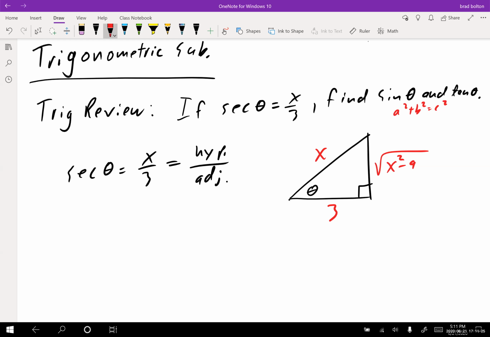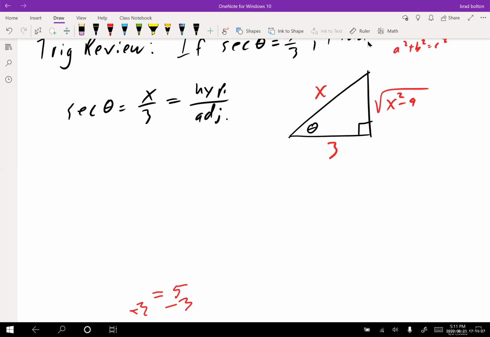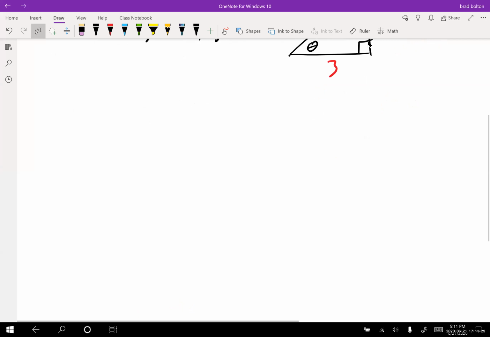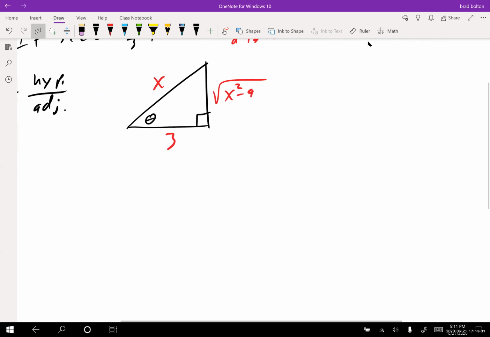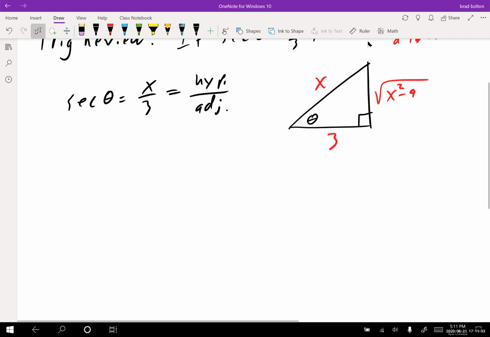So given this information, I can now find the sine of theta. The sine of theta would be opposite over hypotenuse. So the opposite side is the square root of x squared minus 9 over the hypotenuse, which is x.